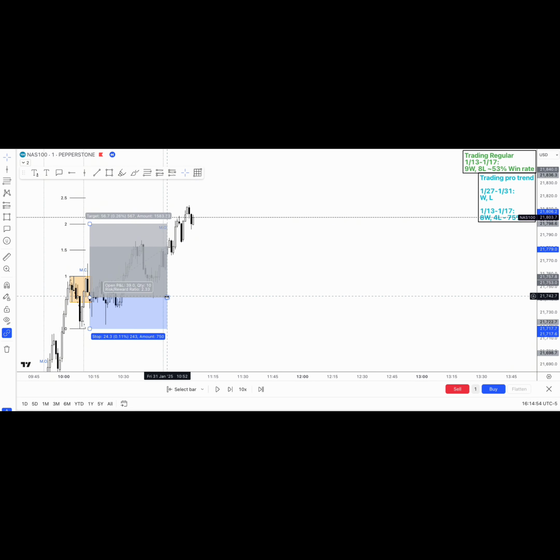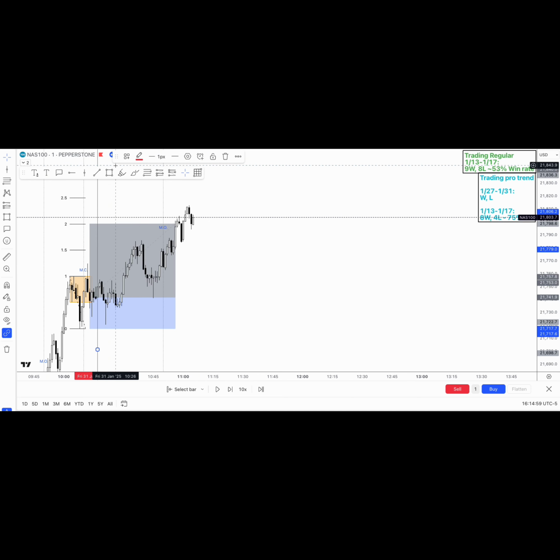So yeah, this one would have gone through. I didn't take this trade. I definitely missed this one earlier.